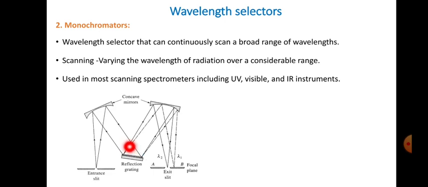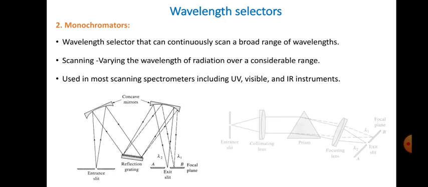You can move this reflector grating in such a way that only the desired wavelength of light will be coming out through the exit slit, and the other wavelengths of light will be restricted at the exit slit, okay. So it has a focal length and it will be restricted there, okay.